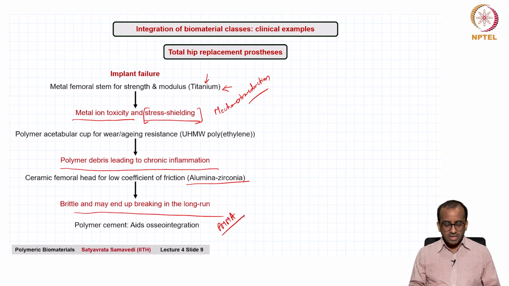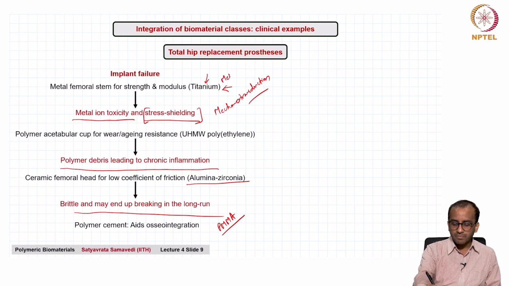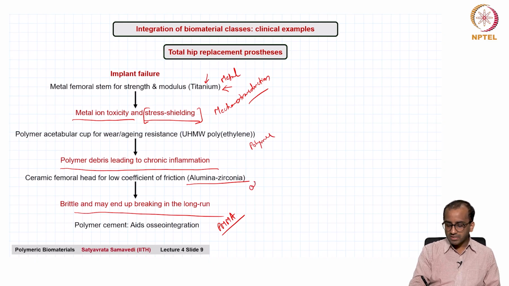So you see that while we were interested in some failure mechanisms here, what you should also appreciate is that a single device like this can include titanium, which is a metal, ultra high molecular weight polyethylene, which is a polymer, alumina or zirconia, which is ceramic, and PMMA, which is again a polymer.